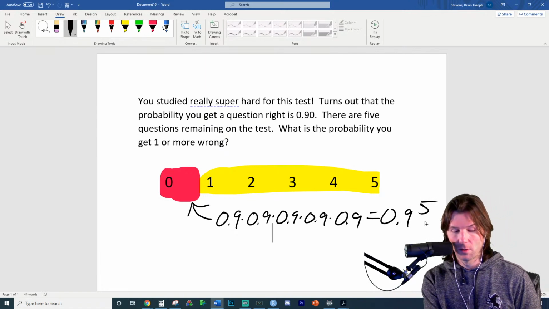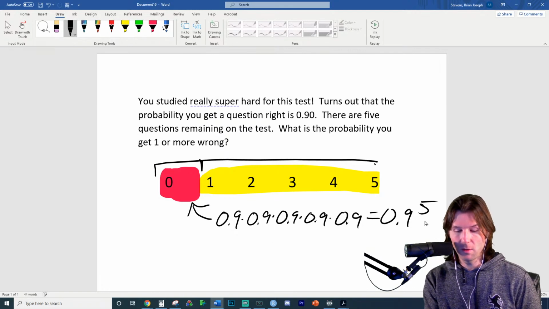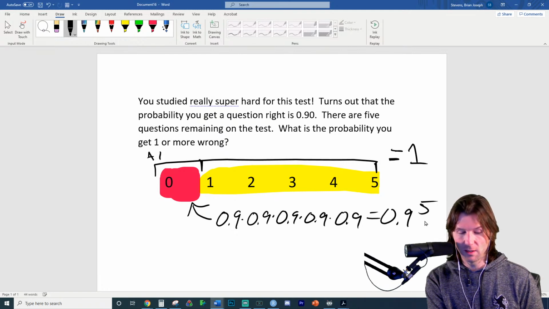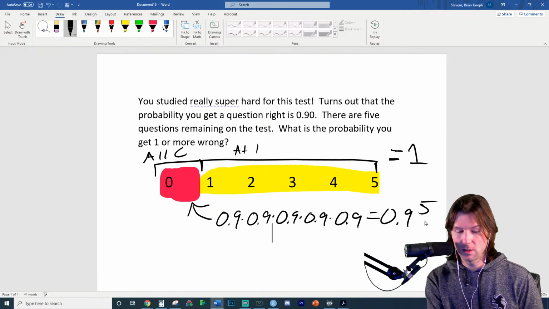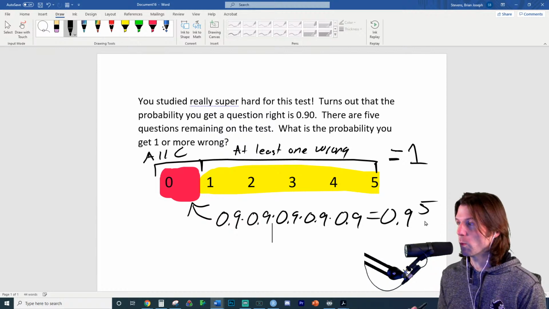And we can say right here, one of two things will happen. Either you will get all correct, I'll write all C, all correct, or at least one wrong, which is 1 or more wrong.